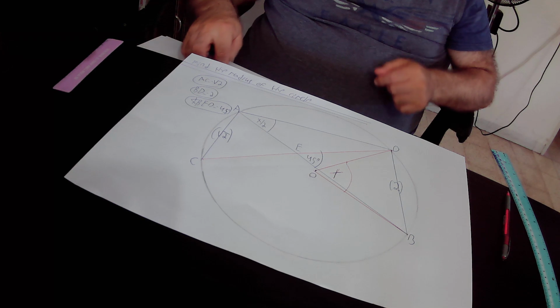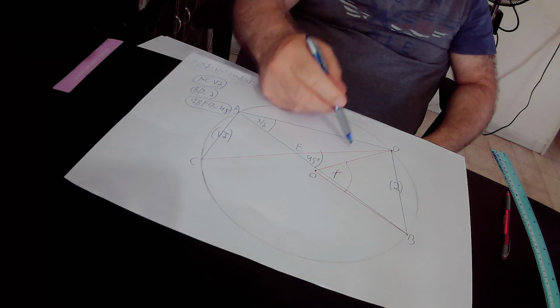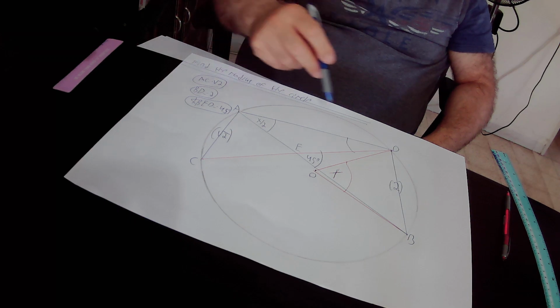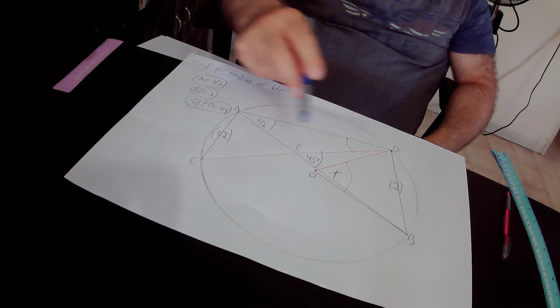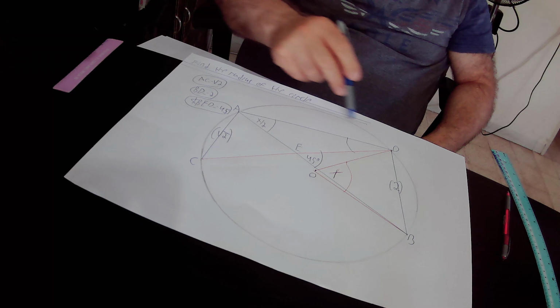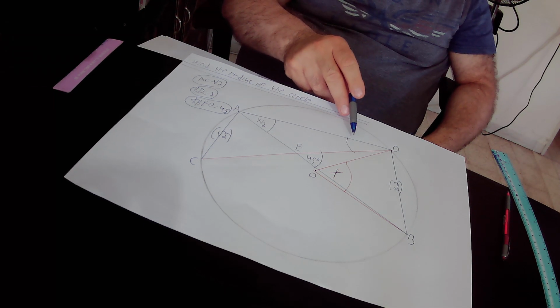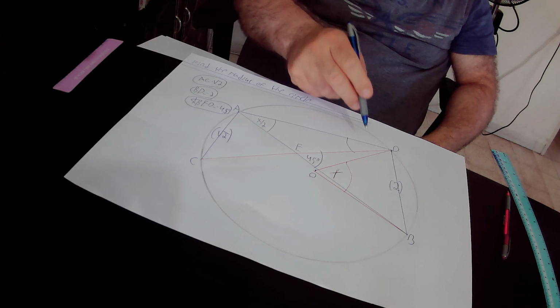In the next step, we define the size of this angle. This is actually peripheral angle ADC, peripheral angle ADC. We define the size of this peripheral angle ADC as y over 2.